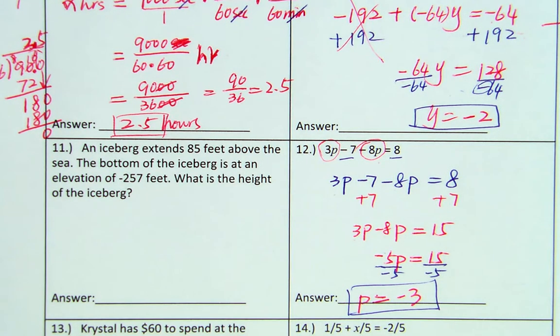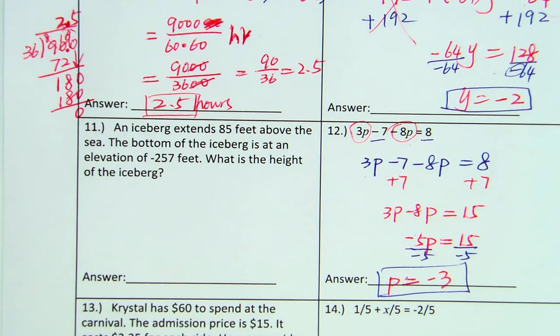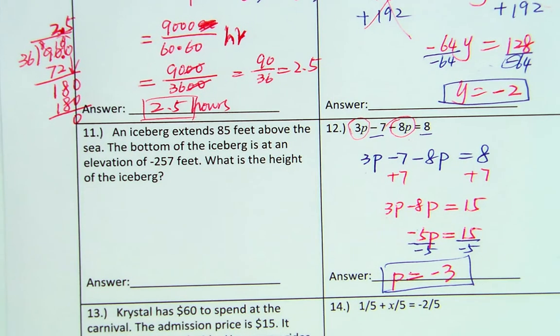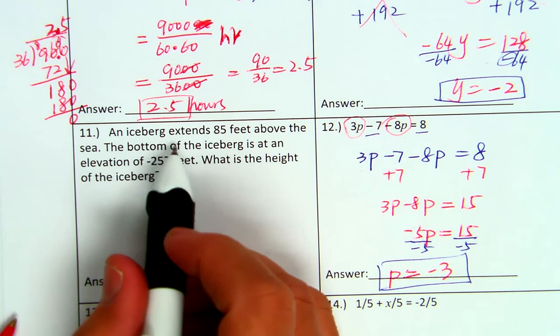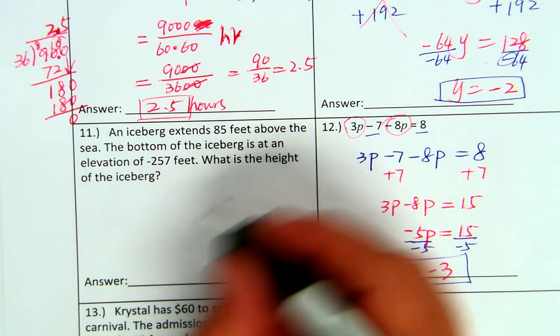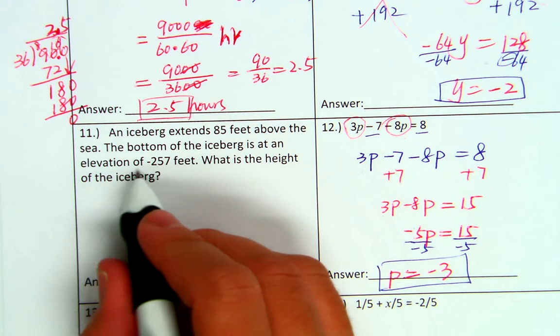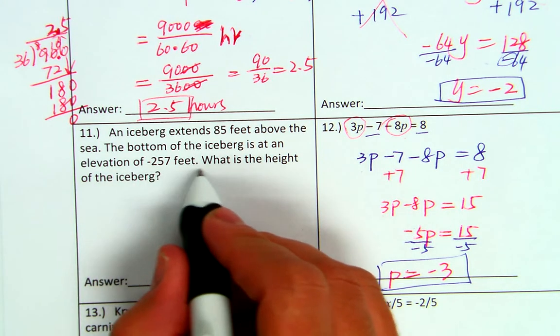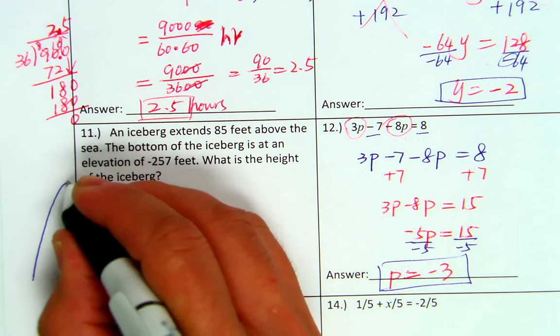Alright, let's quickly do number 11, and that will be the ending of tutorial 3, part 3. There's a problem about an iceberg extending 85 feet above the sea, and the bottom is at an elevation of negative so-and-so feet, and what's the height. When you read a question like that, you can draw a picture to help yourself.